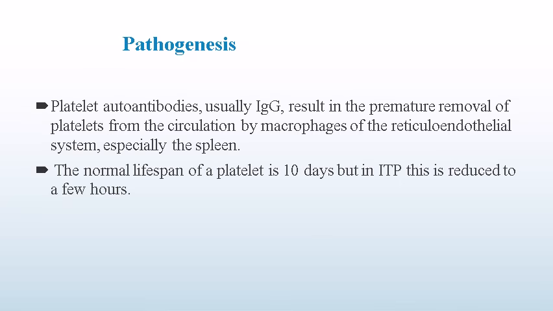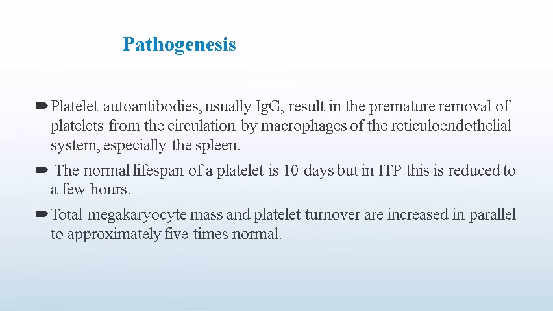Macrophages in the reticuloendothelial system, mainly in the spleen, will phagocytize these platelets, causing thrombocytopenia. The usual lifespan of a platelet in a normal individual is about 7 to 10 days, while in ITP it's only a few hours. So there is a marked reduction in platelet count, and the patient will have severe bleeding.